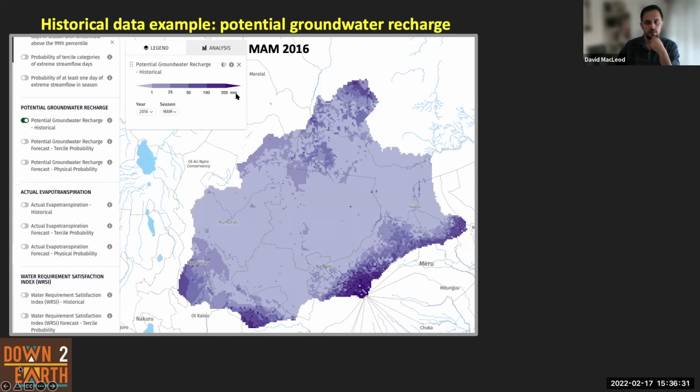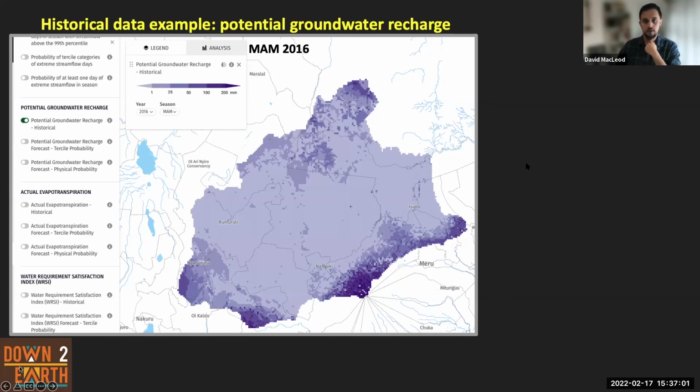This is in units of millimeters, and it's showing you where groundwater recharge was higher or lower. In the southeast of the basin, by Mount Kenya, there's very high recharge along this border. And actually in the southwest as well, and in the north, there's some substantial recharge. For most of the basin in this particular season, there was less than 1 millimeter recharge.